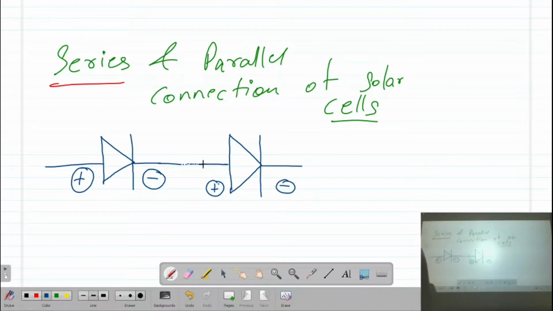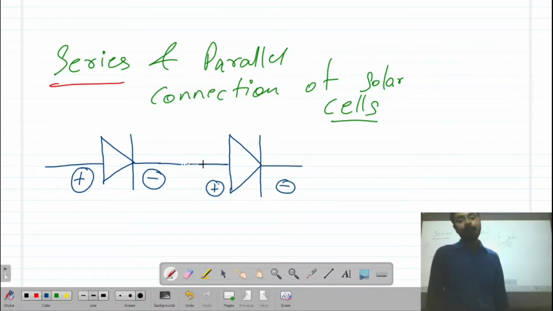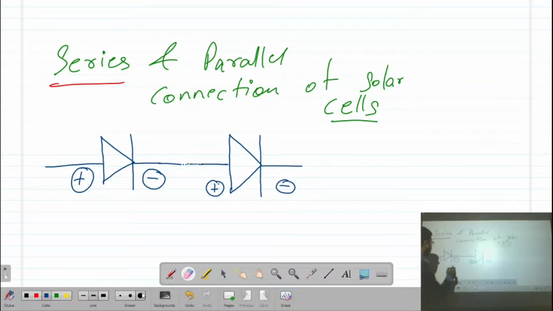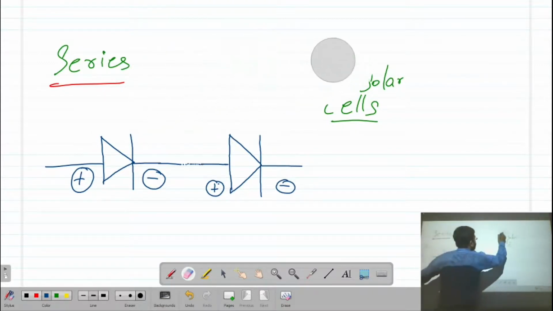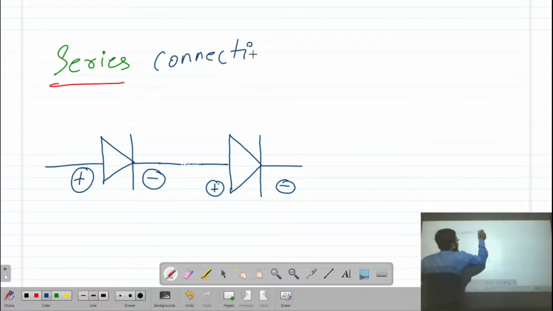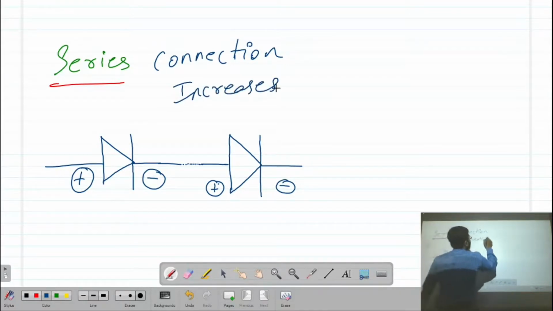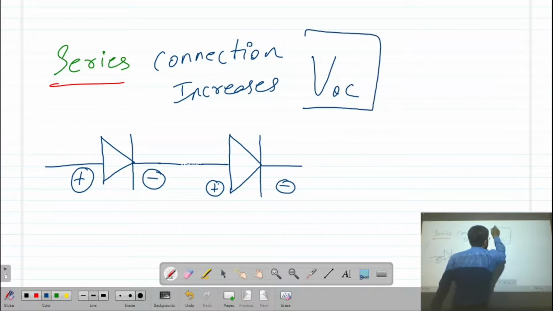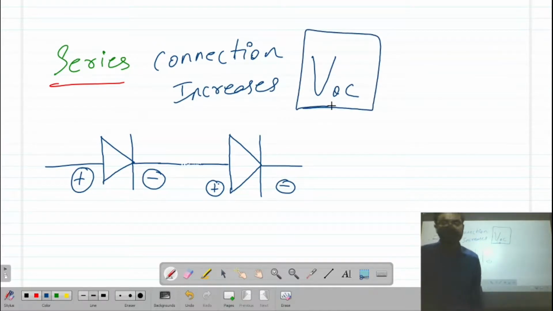Now, what does the series connection of solar cells increase? Does it increase VOC or does it increase ISC? The series connection increases VOC. The series connection increases the VOC of a cell, that is the open circuit voltage of the overall cell, right?